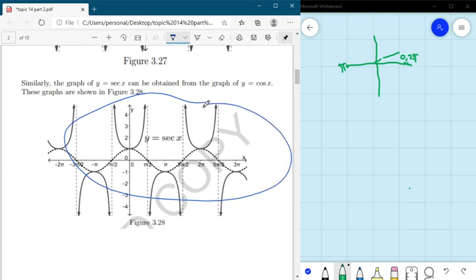Like the sine and cosecant functions, the cosine and secant functions are also reciprocals of each other. Therefore, y equals secant x has a domain which is the set of all real numbers such that cosine x is not equal to 0, because if we take the inverse of 0 cosine, the secant becomes undefined.